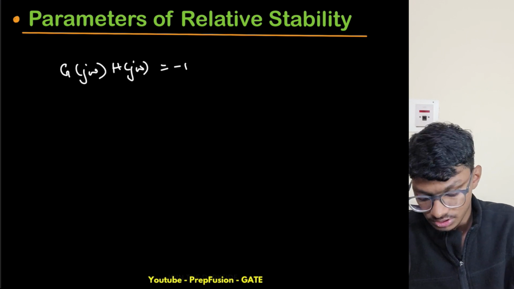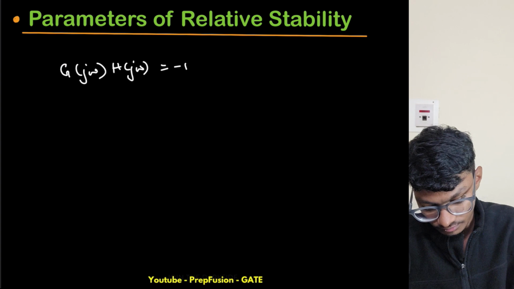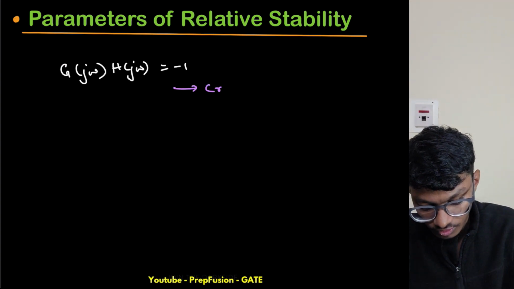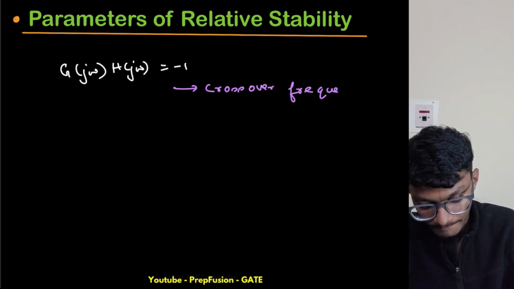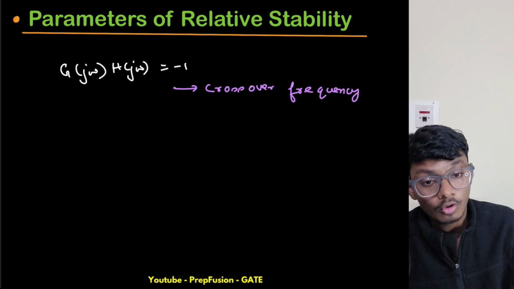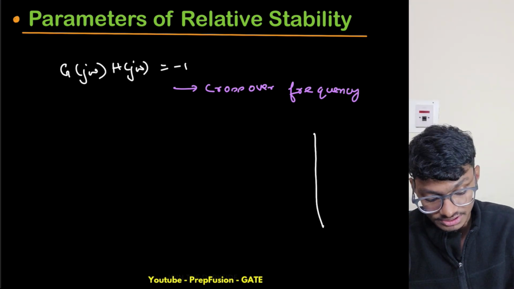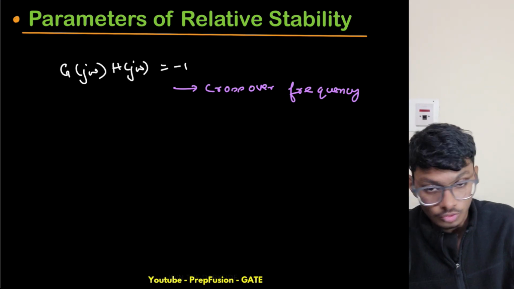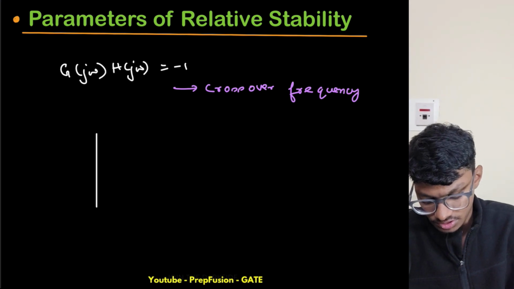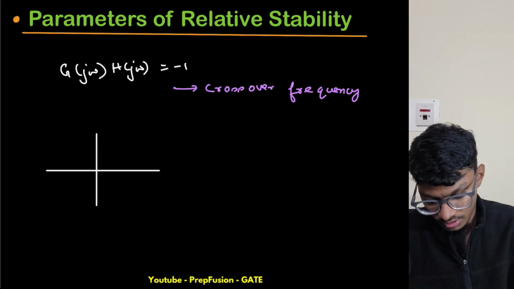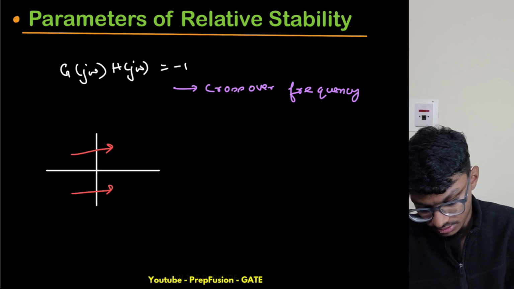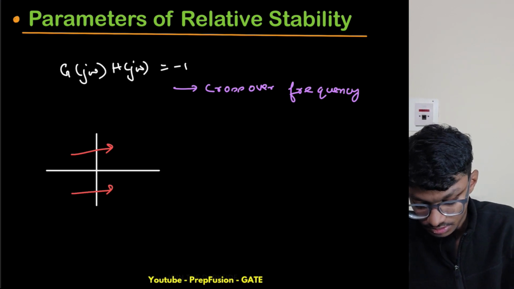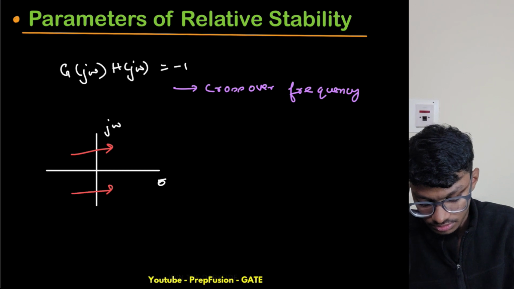So why? Because what does this mean? I have a crossover frequency. That means two things. One is going from here to here, or let me name this as g omega sigma.